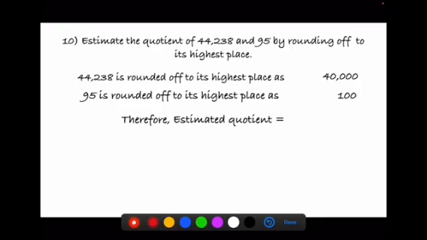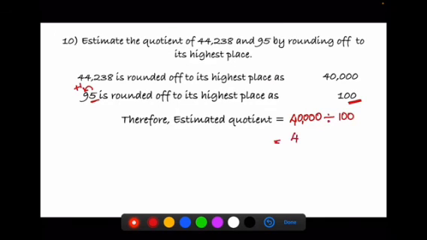rounded off to the tens place, so we will consider the units place. When I have 5, I'll have to add 1 to the tens place, and that gives me the answer 100. I hope all of you understood. Now therefore the estimated quotient would be 40,000 divided by 100.